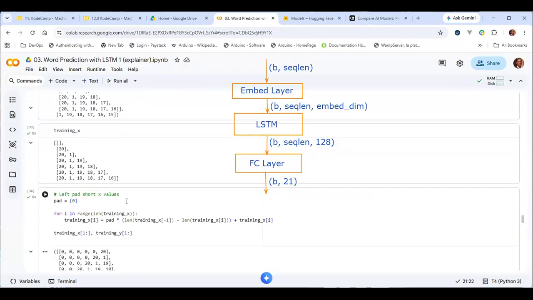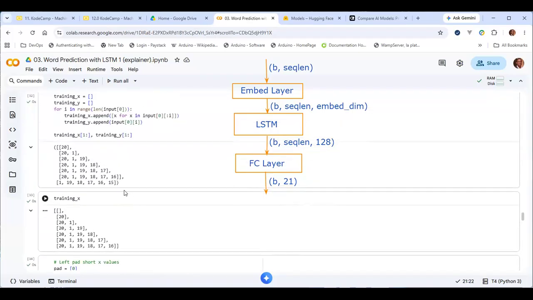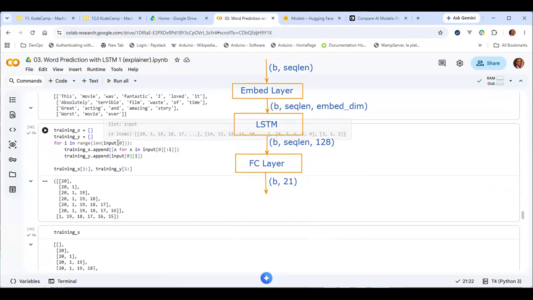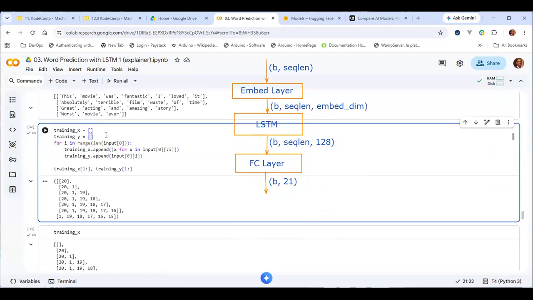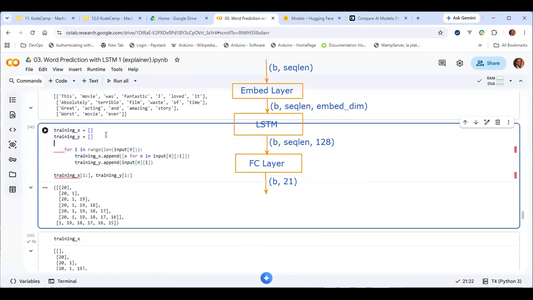So what I will do is, I only did it for a range of length of input 0. So I'm going to expand this training X to handle everything. So I'm going to go through all the inputs.